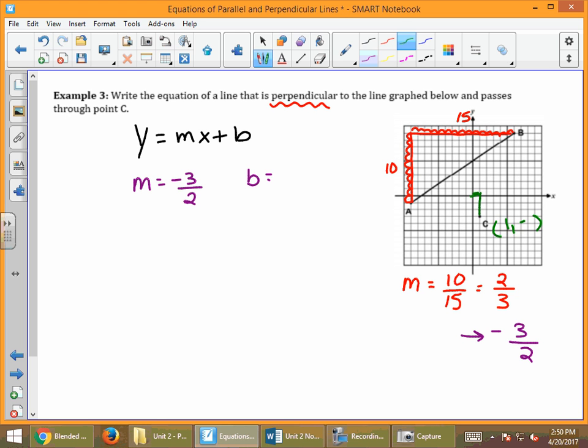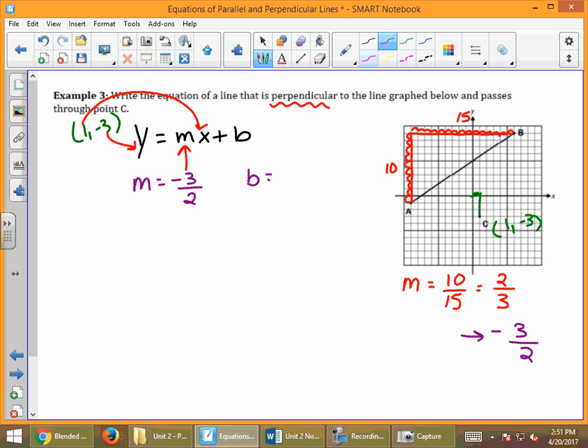And down 3, so the y value. So the coordinates of that point is 1, negative 3. That's the point we're plugging in. So C, I'm going to write it right here. And 1, negative 3. So just like all the other problems, you're going to plug 1 in for x, negative 3 in for y, and your slope in for m.